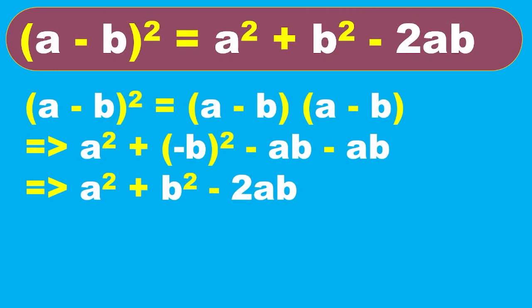Now, what if the signs are changed? What if it is (a minus b) whole square? Here, instead of b square as earlier, we'll have to write (minus b) whole square. And you must have understood by now where the minus goes, because (minus b) whole square is actually b square, because minus into minus is plus.